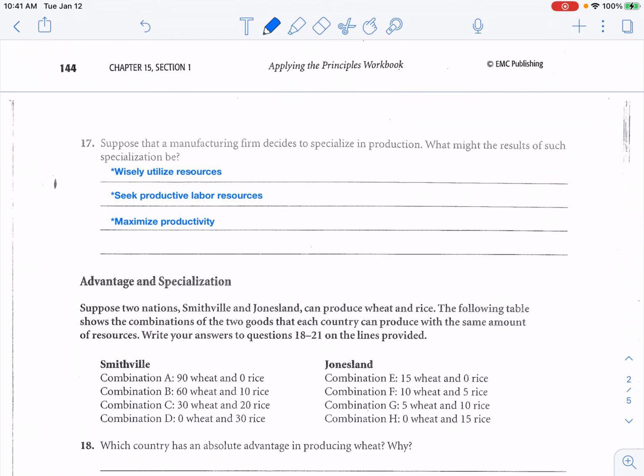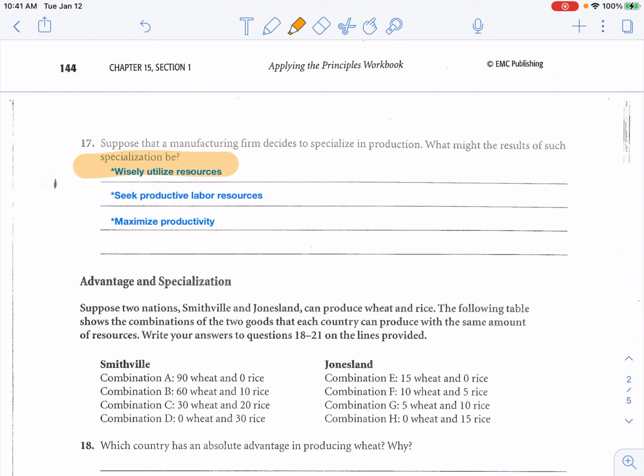Now, suppose we look at it from the perspective of the business. If they decide to specialize in producing a product, what might be the results of their specialization? Well, I'd say 3 things. 1, they could be more wisely utilizing their resources. They don't have to make decisions based on scarcity of how do we use our labor resource to produce one thing and how much of it do we use to produce something else and have to change that. They can put all of their effort towards producing that one thing they're best at.